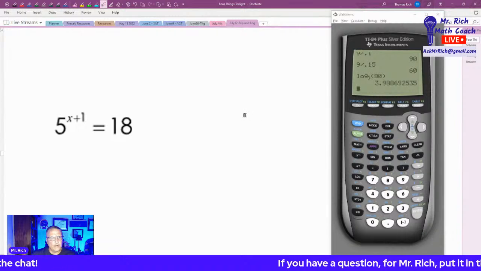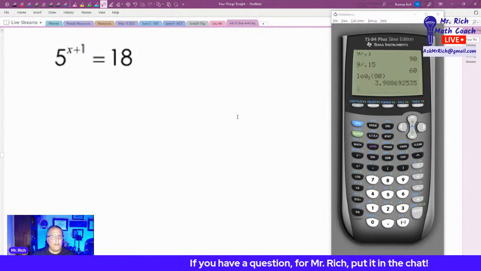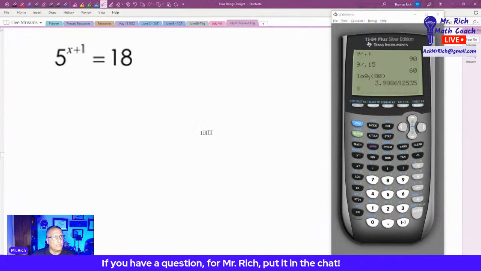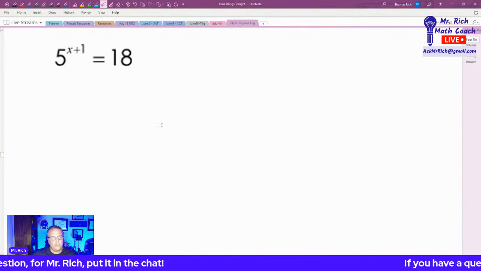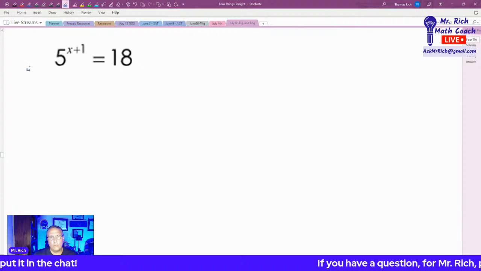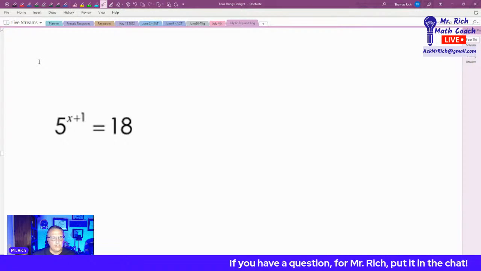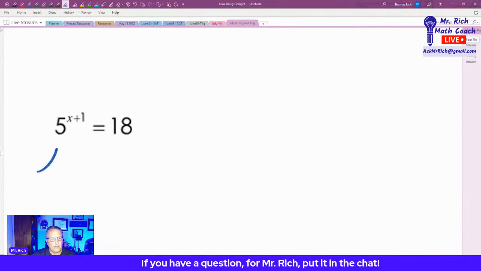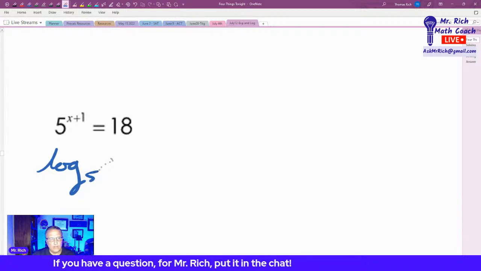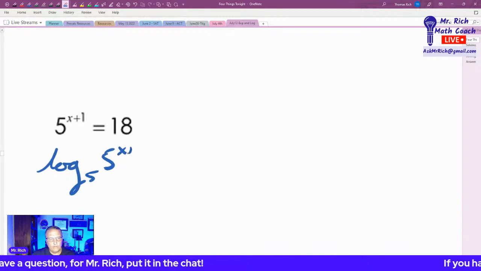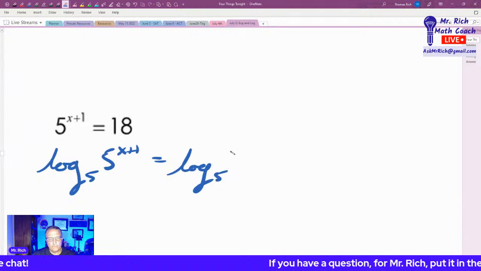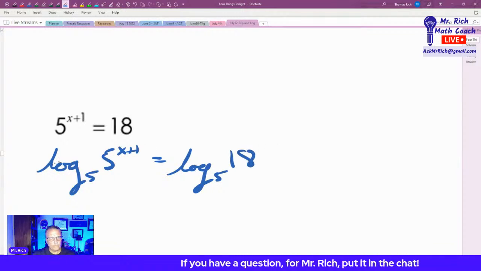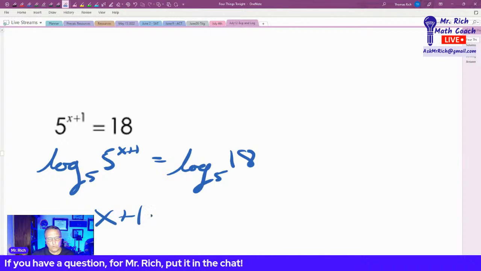All right, let's try another one. This is 5 raised to the x plus 1 power, and we need to solve this for x. So I am going to use logarithms to do this. I'm going to take log base 5 on both sides. I'll take log base 5 of 5 raised to the x plus 1, and that would be equal to log base 5 of 18. Log base 5 of 5 to the x plus 1 is just x plus 1.